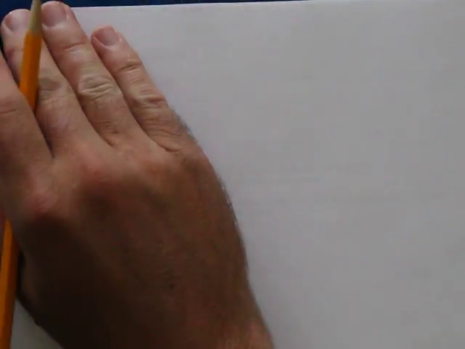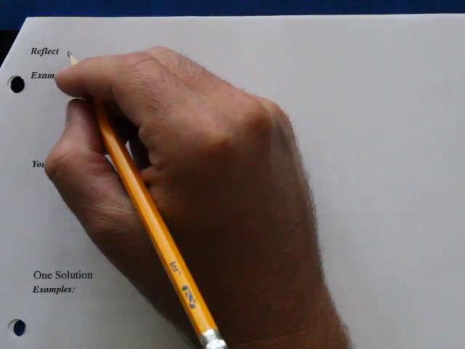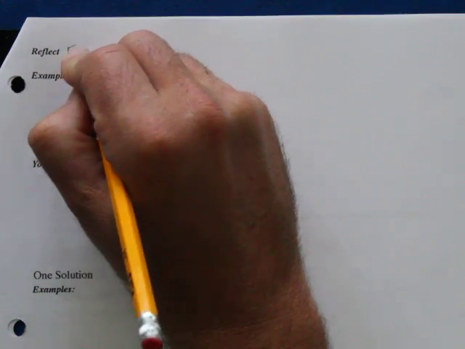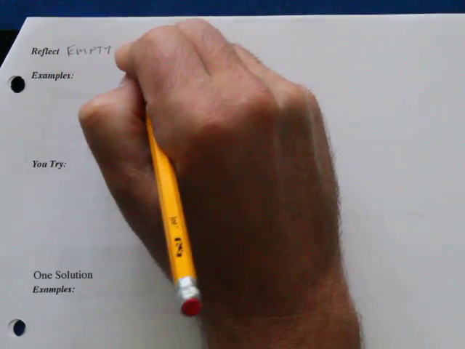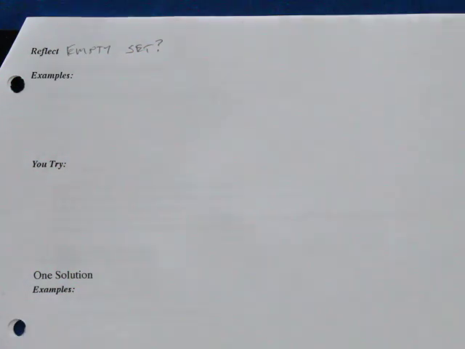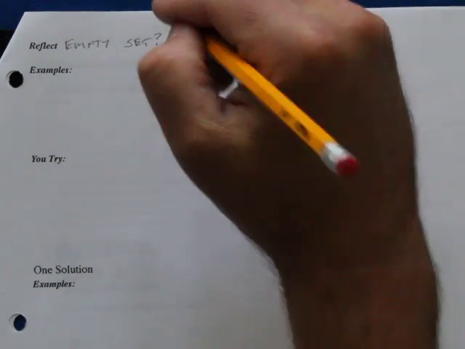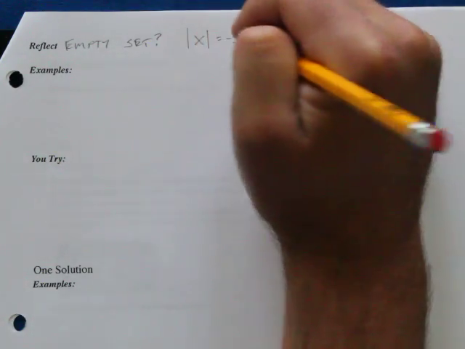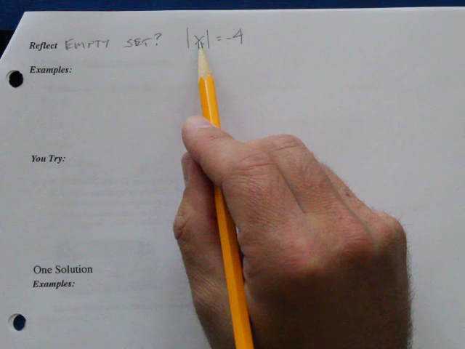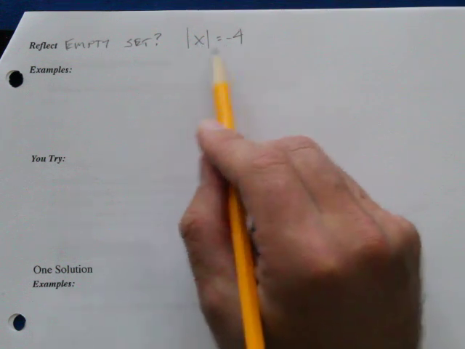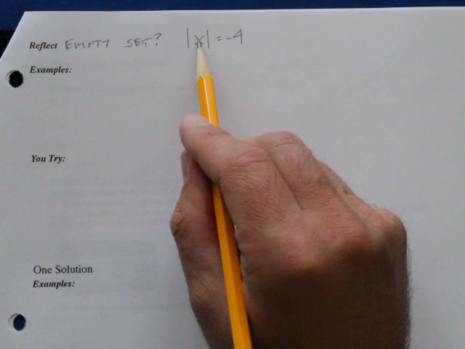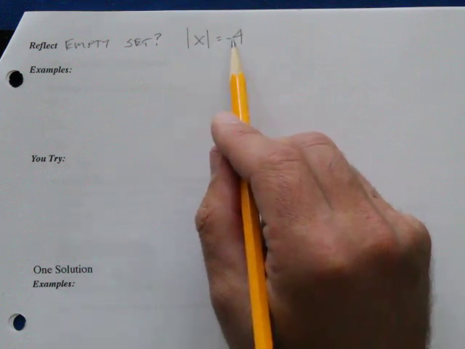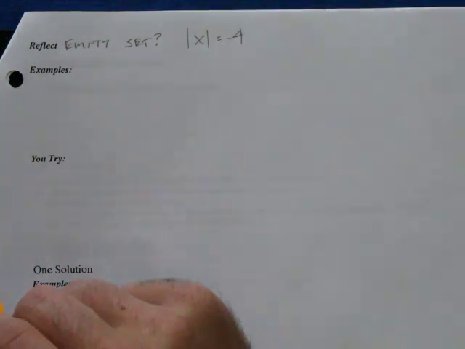I do have a little thing for us to talk about here to reflect. Can we ever have something called an empty set? Let me show you what that might look like. If I have the absolute value of x equals -4, what can we plug into x to make this equation true? What can I plug in for x to get -4 after I take the absolute value of it?